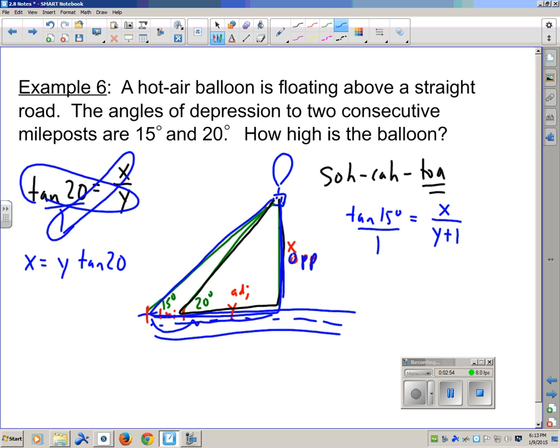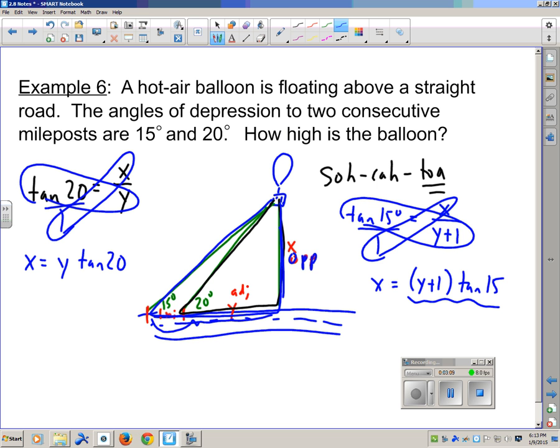Over here, solving for x, same thing. I get x equals y plus 1 times the tangent of 15. I can tell that both the x's are exactly the same, so I can set this portion and this portion equal to each other. I'm going to do that. And I'm going to solve for y.